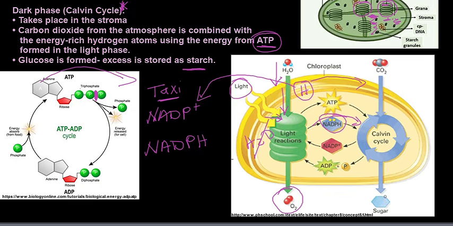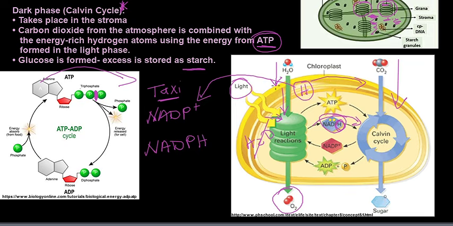In the Calvin cycle, we've now got carbon dioxide coming in from the atmosphere, and that is going to enter the stroma. We need to get this hydrogen to combine with the carbon dioxide so that we can produce sugar, glucose. That happens using the energy of ATP, because we need energy to get this reaction going.